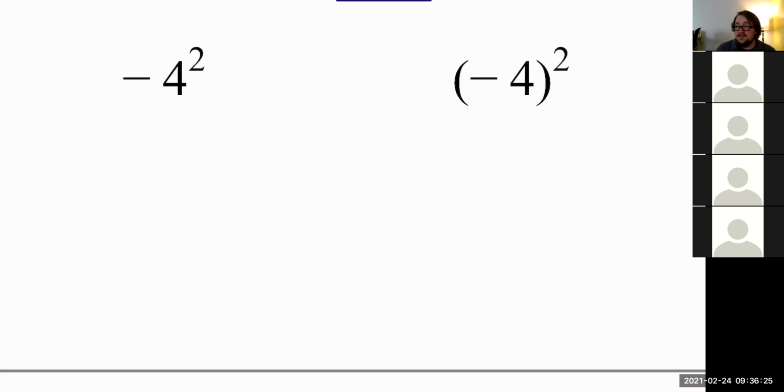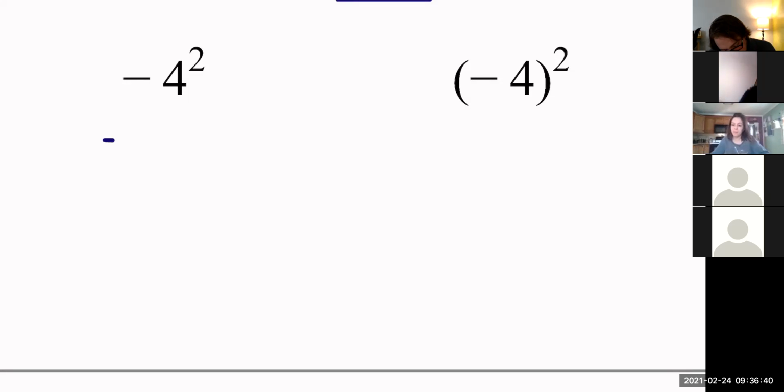The negative doesn't have any visual cues that tells me that the negative is 100% attached to that 4. And what you can actually rewrite it as is a -1 times 4 to the power of 2.